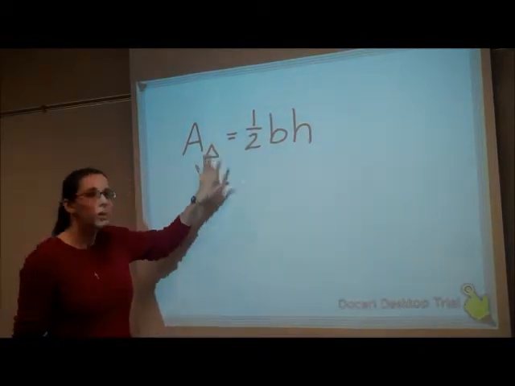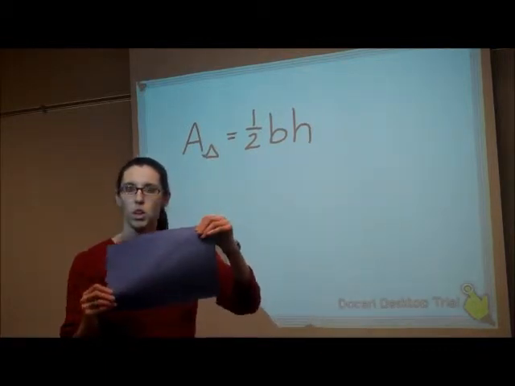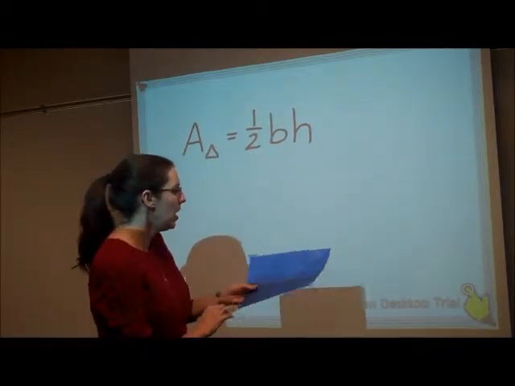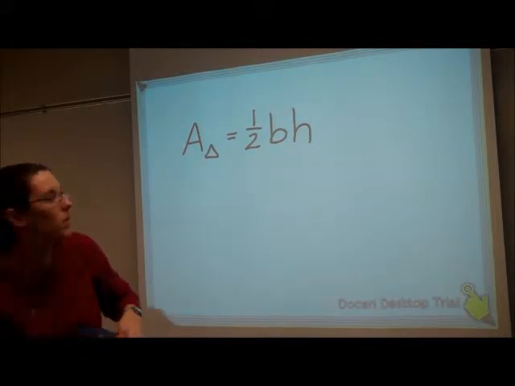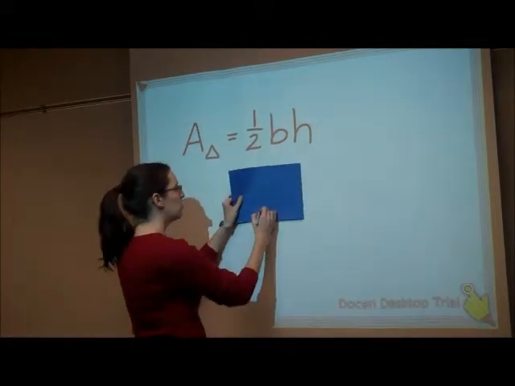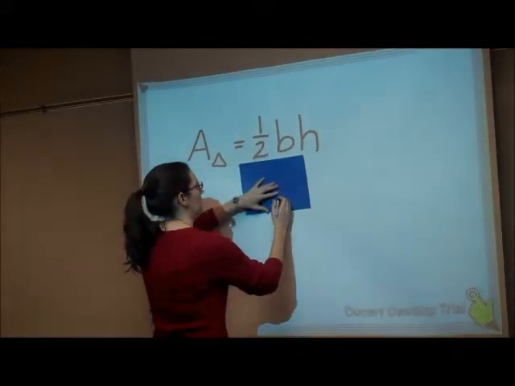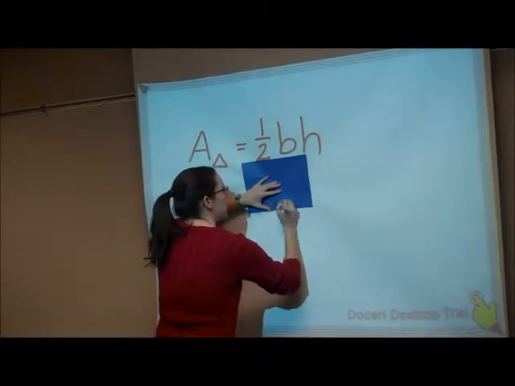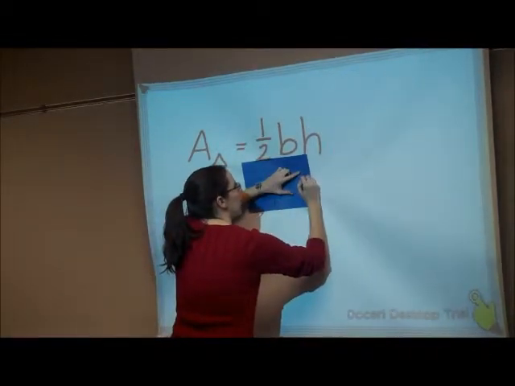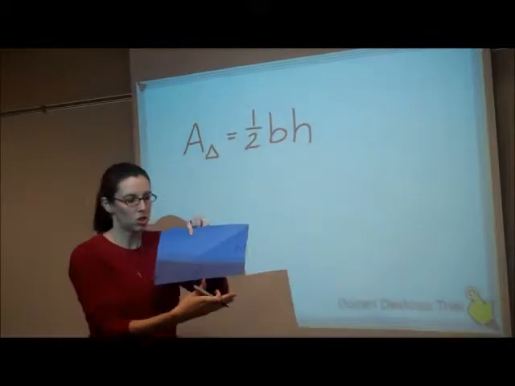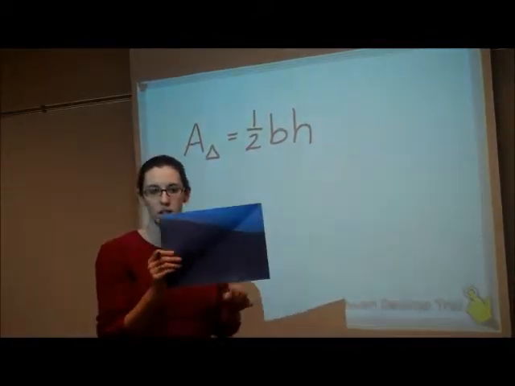Now, where this formula comes from is, again, if we look at a rectangle, the area of a rectangle is base times the height. So there's my base, there's my height of my rectangle.